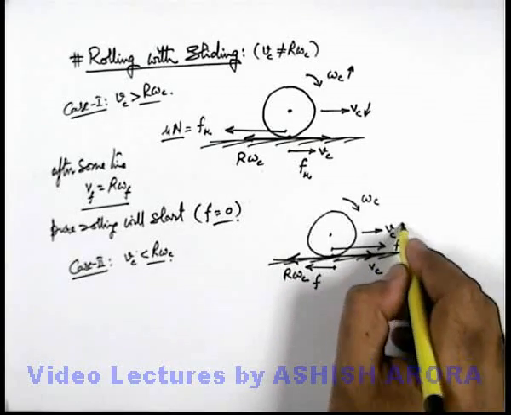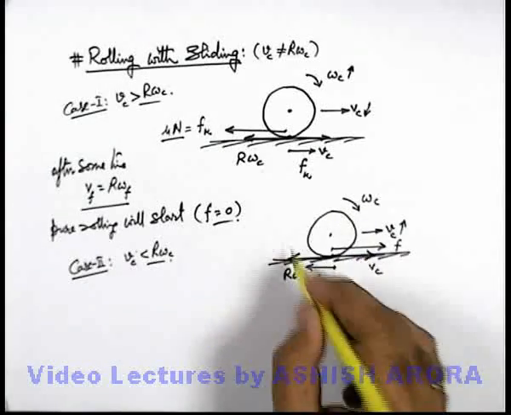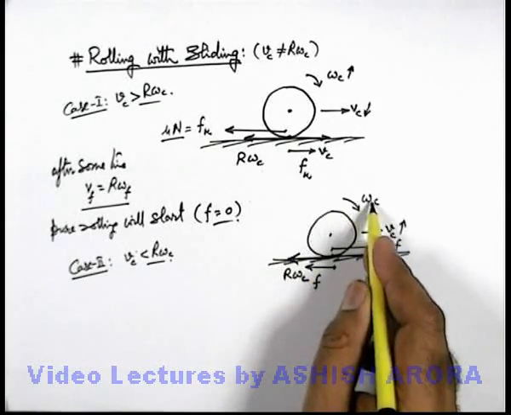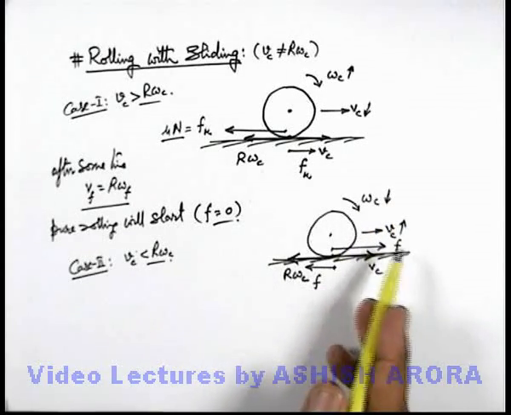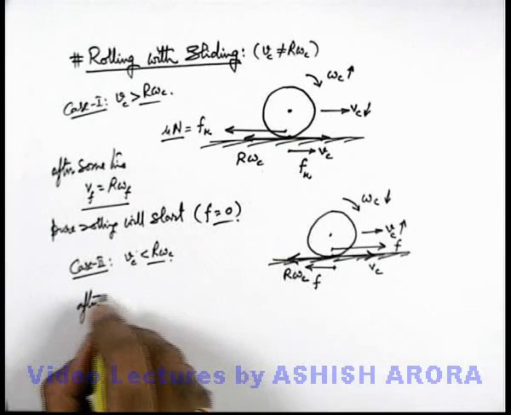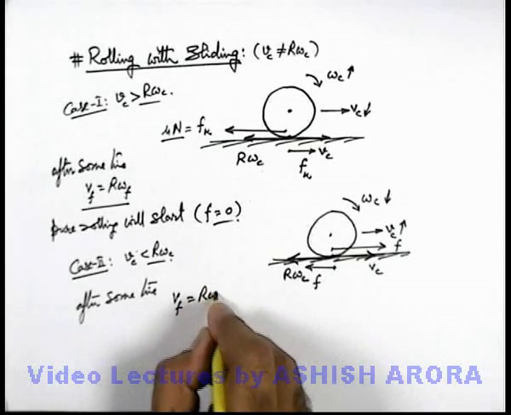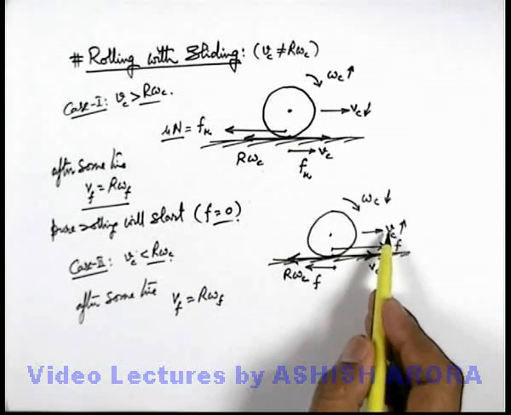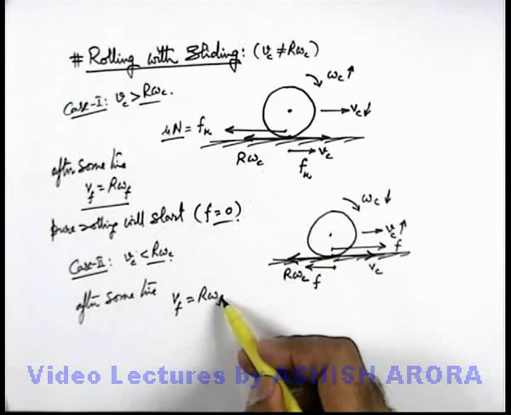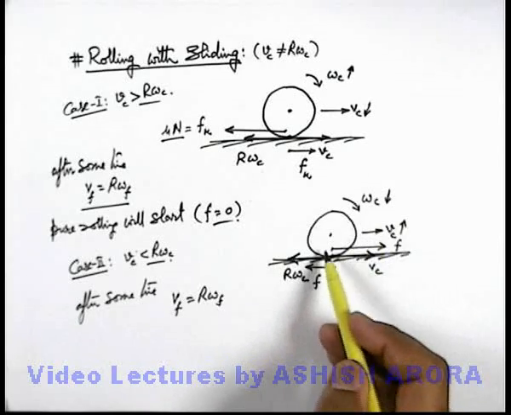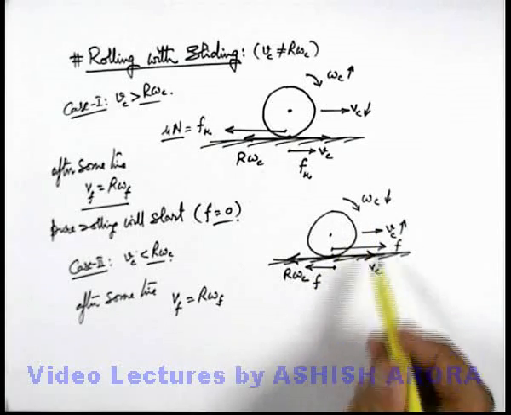Now if we carefully analyze the direction of friction on the body, it is in forward direction. So this will have a tendency to increase Vc, and the torque due to this friction is in anti-clockwise manner, which will oppose this angular speed. So this angular speed will decrease. In this situation, again after some time Vf becomes equal to r omega f, where Vf is the speed which is more than Vc, increased due to the friction, and omega f is the angular speed after some time, decreased due to the opposite torque acting on the body due to friction.